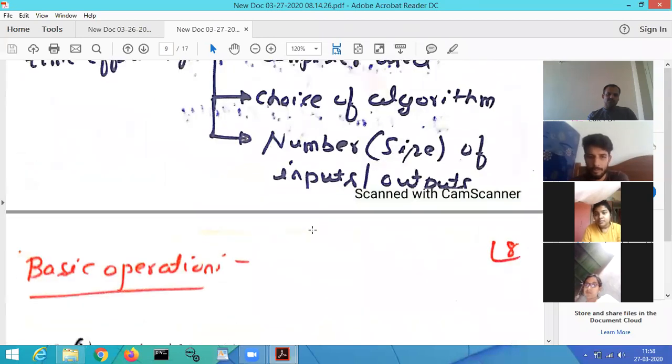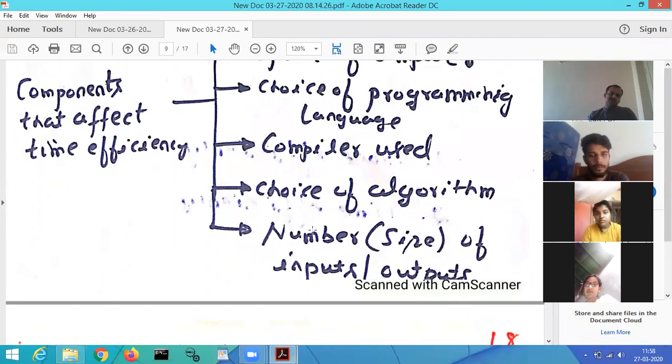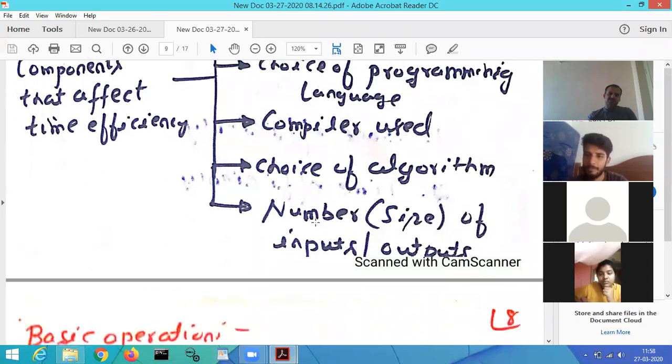If I want to measure weight, I can use the kg as the parameter. If I want to measure water, I can use the liter. If I want to measure distance, I can use the kilometer or meters.